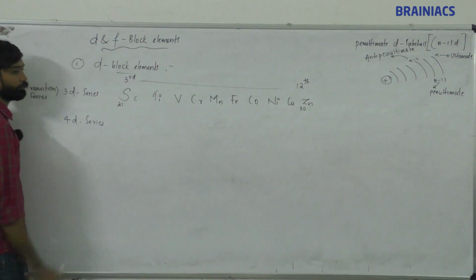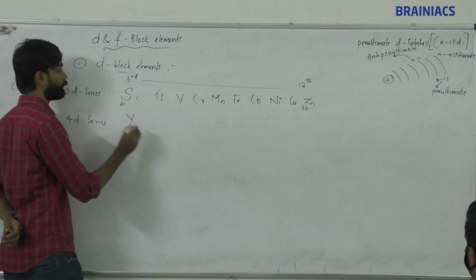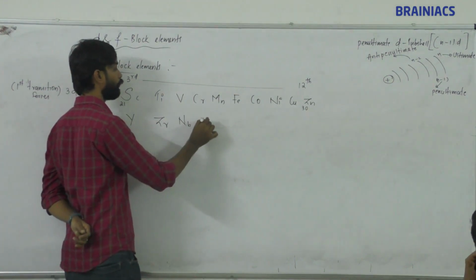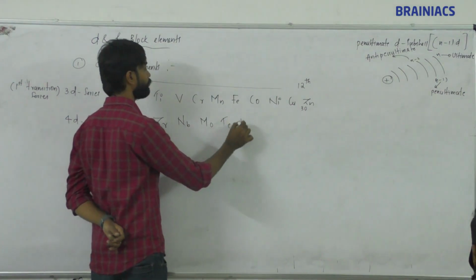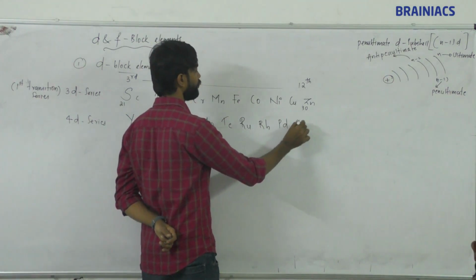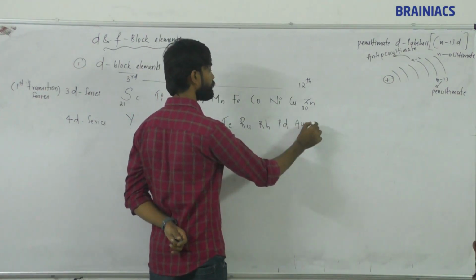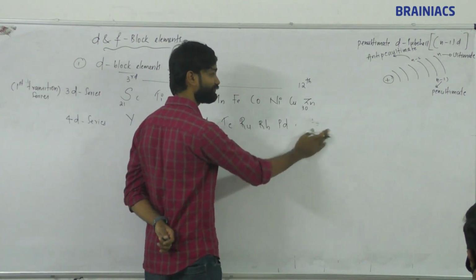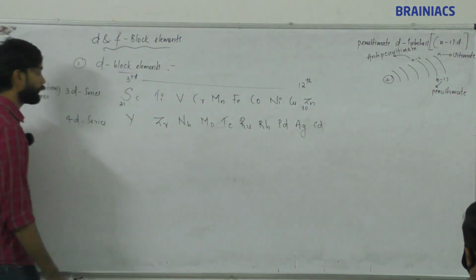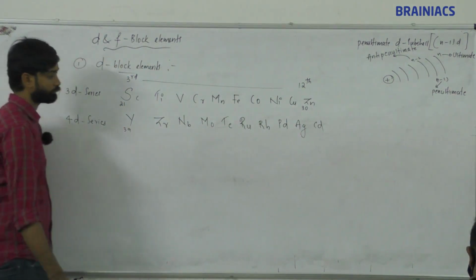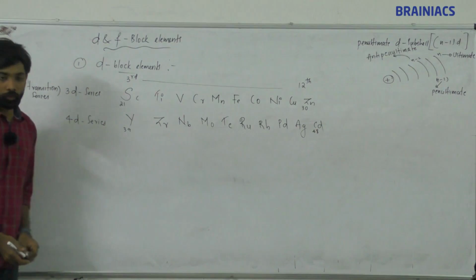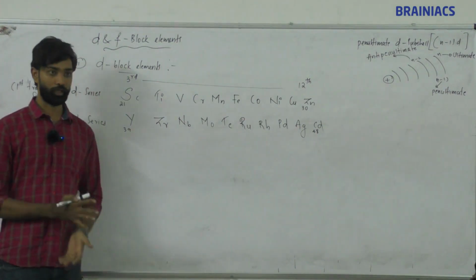What about the next, the 4D series? The elements are yttrium, zirconium, niobium, molybdenum, technetium, ruthenium, rhodium, palladium, silver, cadmium, from 39 to 48, where the penultimate D subshell is 4D.